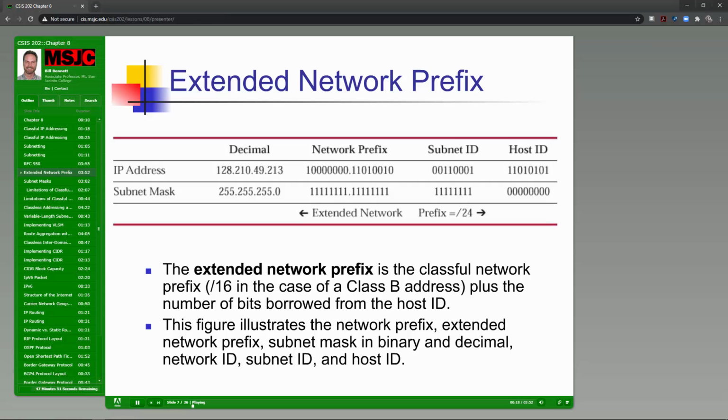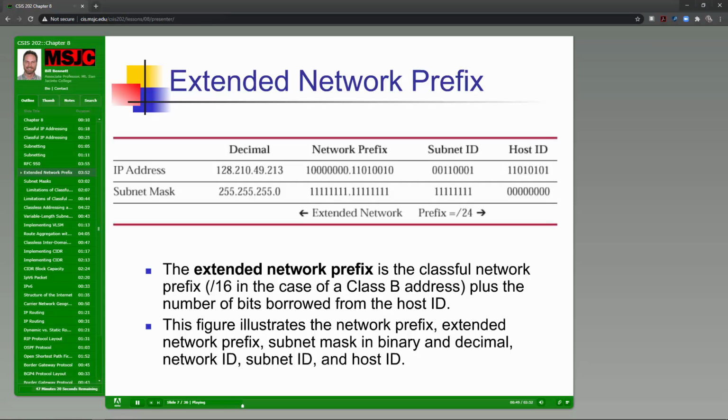Let's take a look at the example, and I think I can explain it a little bit better that way. When you look at the graphic here, you've got the IP address of 128.210.49.213. The subnet mask that goes along with that IP address is 255.255.255.0. So we know that 255 is a sequence of 8 ones. And in fact, when you look at the graphic, they also convert the decimal values into the binary values there.